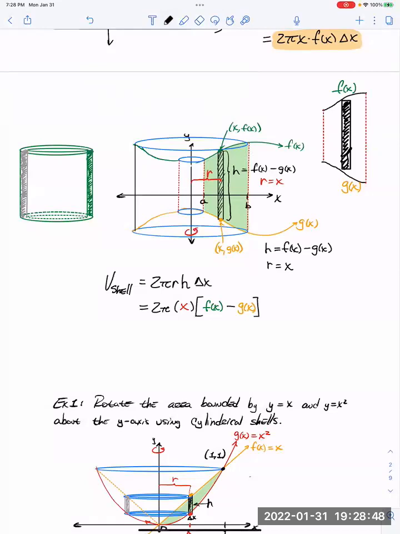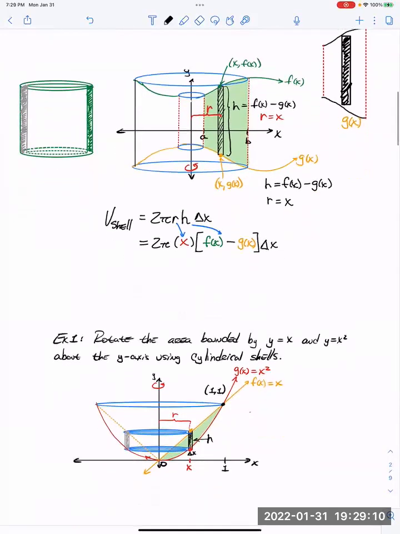That's my radius, and over here is my height. Don't forget we have delta x at the end. Any questions on this?